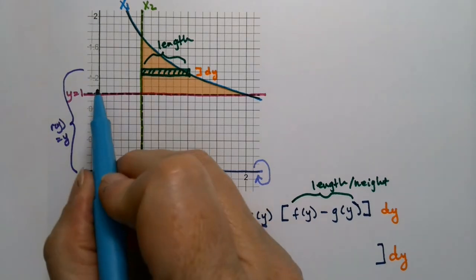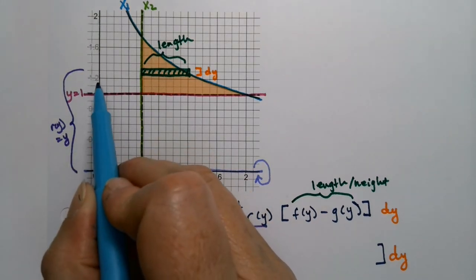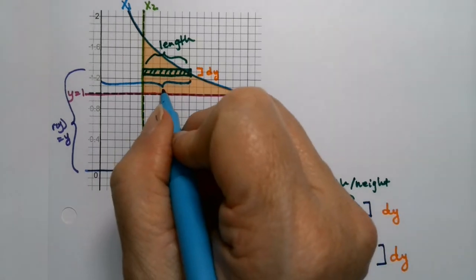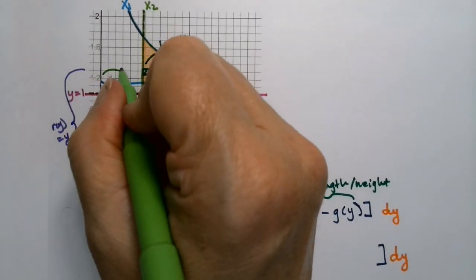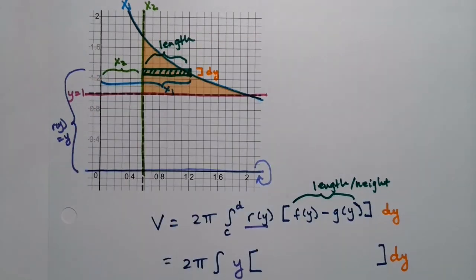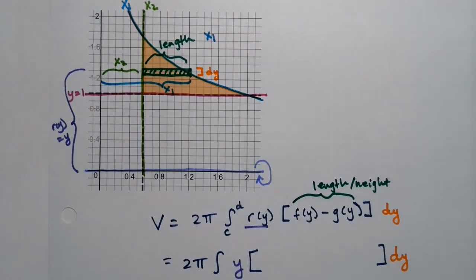Okay, well, now remember, these are functions in y, so you're going back to the y-axis. So from here out to here is x1, and then from here to here is x2. So that length would be x1 minus x2.